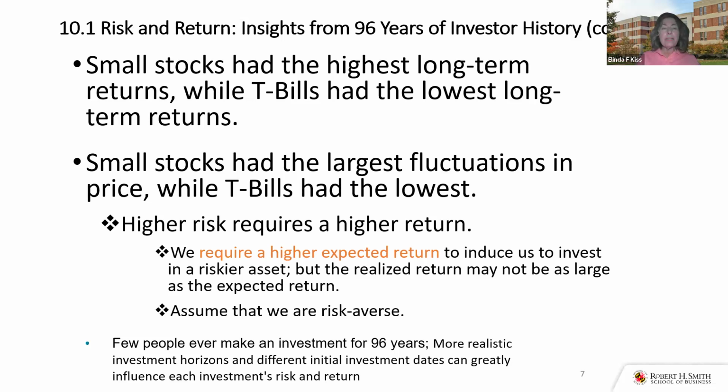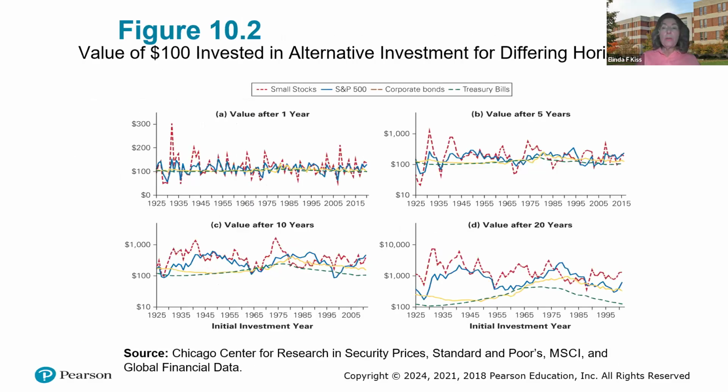More realistic investment horizons and different initial investment dates can greatly influence each investment's risk and return. The next slide, which comes from your textbook, shows the value of $100 invested in alternative investments for differing investment horizons.